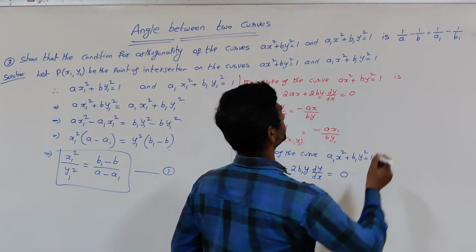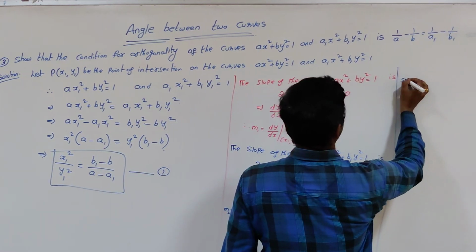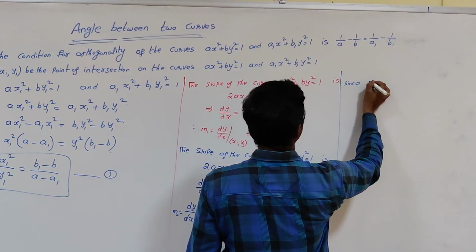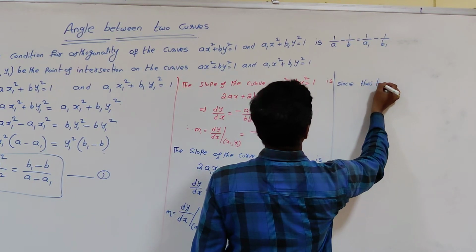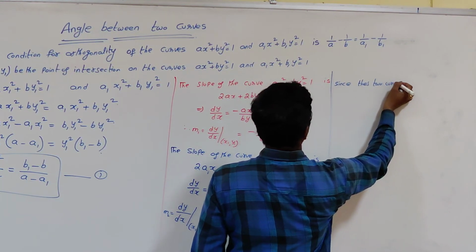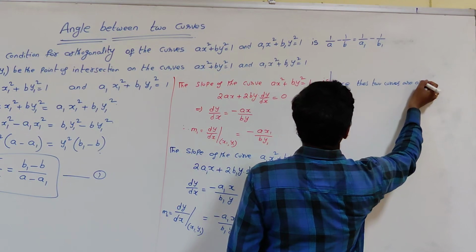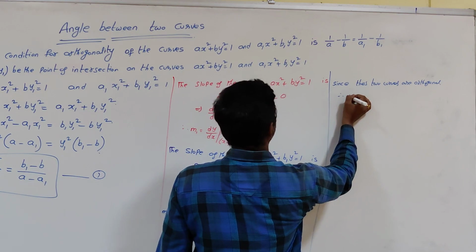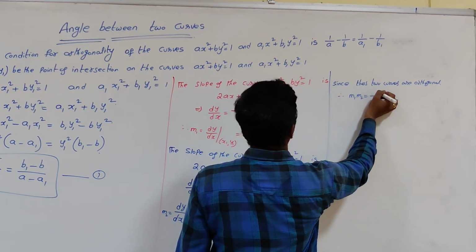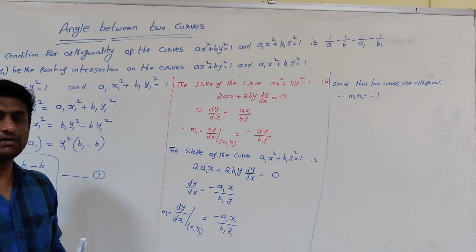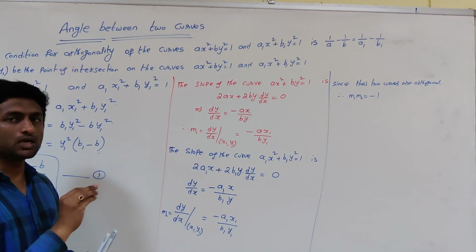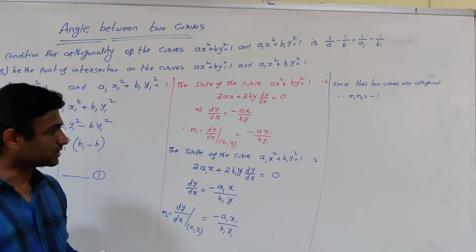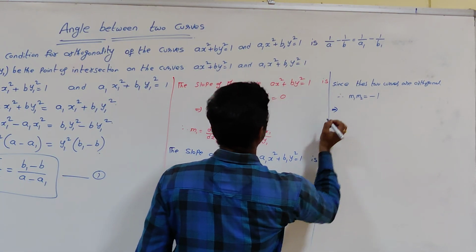Since the condition is orthogonal, since these two curves are orthogonal, therefore the product m1 into m2 is equal to minus 1. If the angle between two curves is orthogonal or 90 degrees, then the condition is m1 m2 is equal to minus 1. Now substitute m1. What is m1?